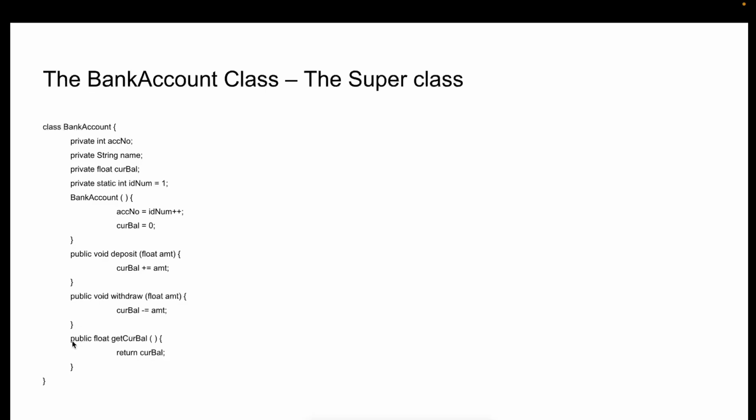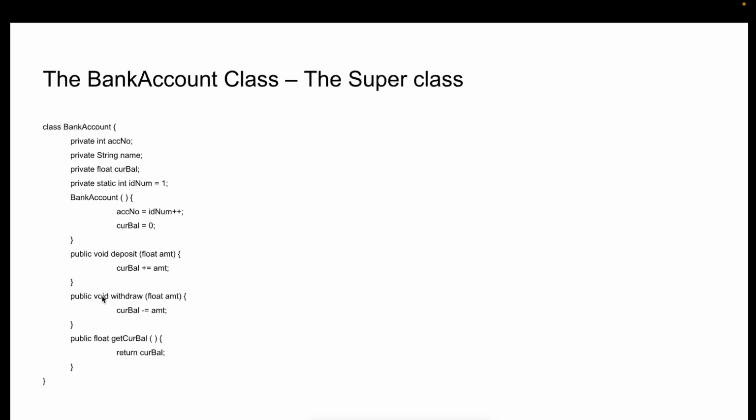The syntax of this method is also a bit different: public float getCurrentBalance. Why float? Float is written because the data that we are returning from this is expected to be of float data type. And when we don't want to return any data from a method, we use a void return type.